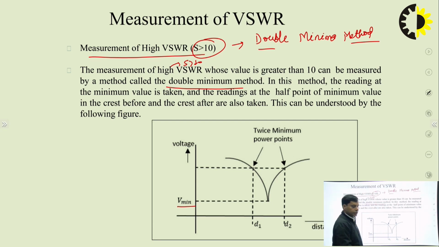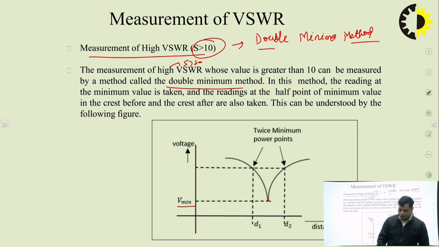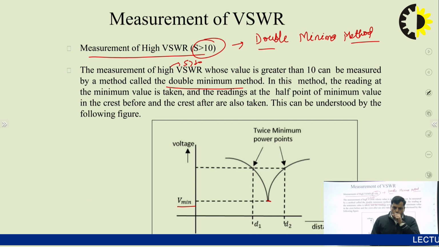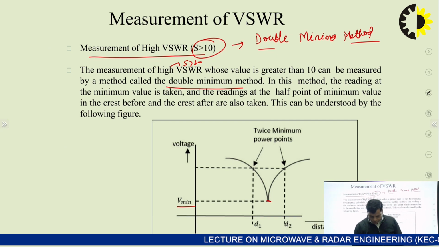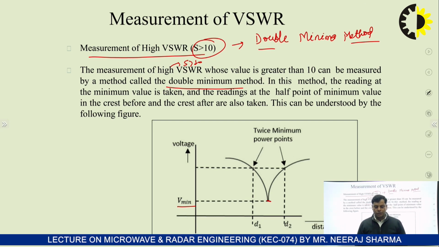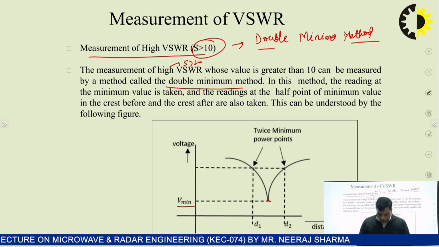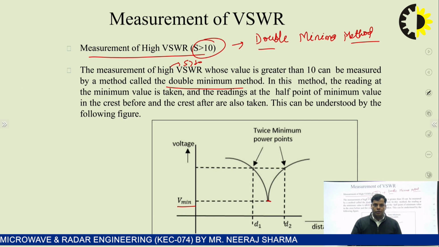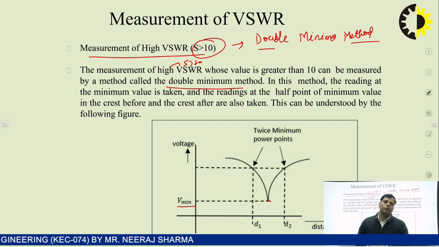This is the reference value that we note here. After that, we move the probe in one direction in such a way that we get twice the minimum power value.